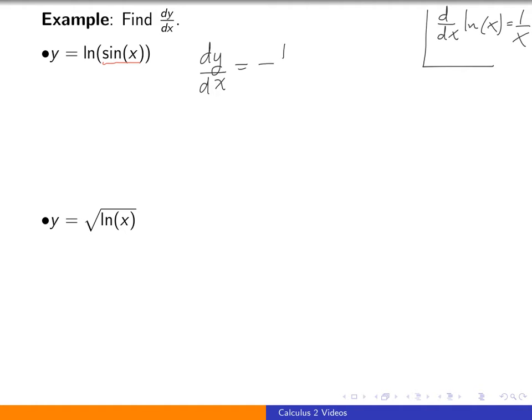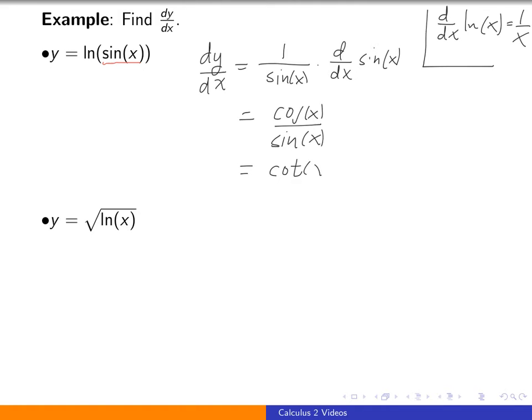So derivative of the outside evaluated at the inside multiplied by the derivative of the inside. The derivative of sine is cosine, so this becomes cosine over sine. And you could certainly leave your answer in this form, but just note from a trigonometric definition, cosine over sine is really cotangent.